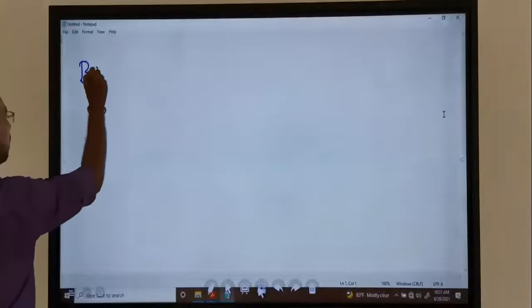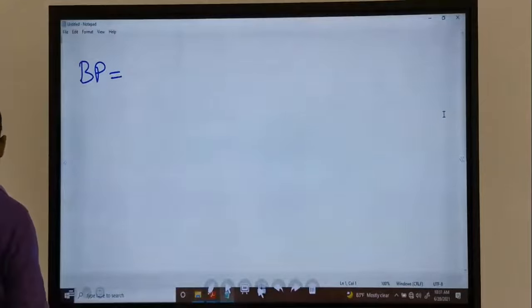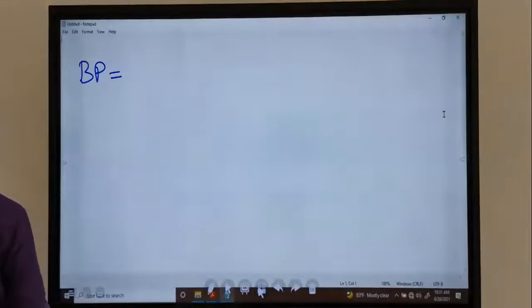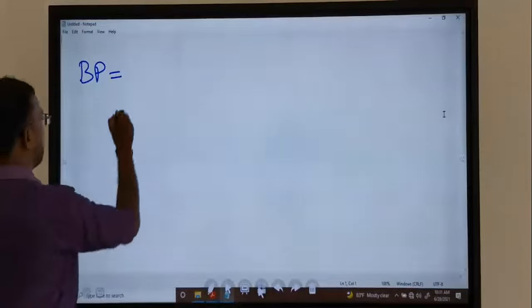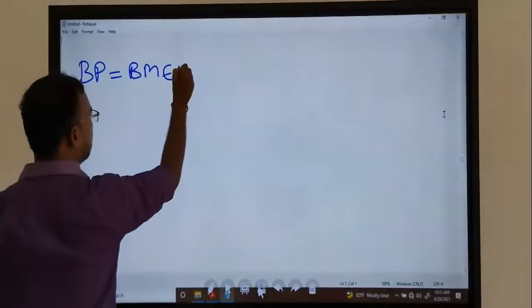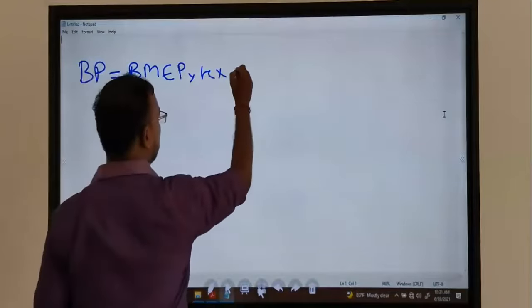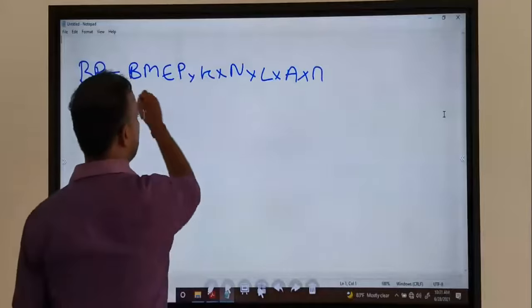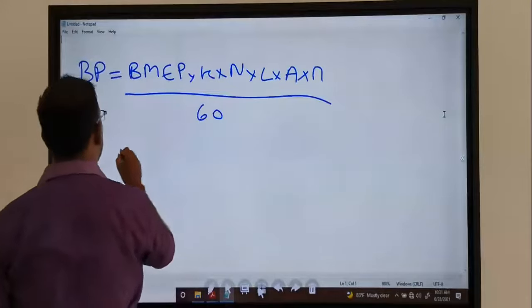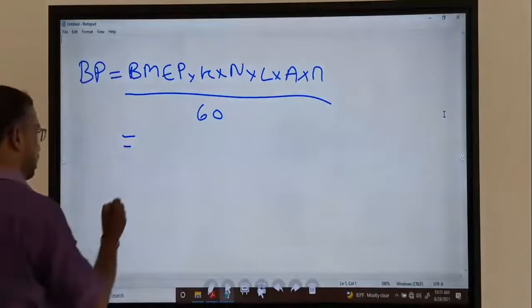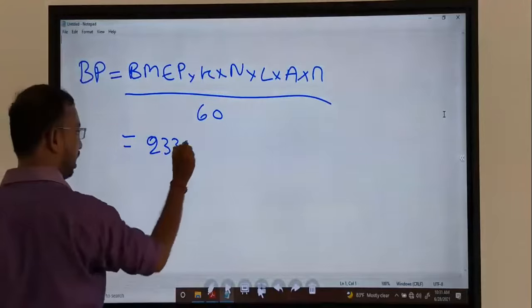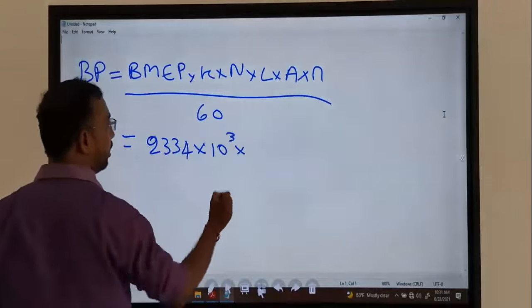So brake power is brake mean effective pressure into K into N into L into A into N below 60. So brake power we have to find. 2334 is in kilopascal, so we put 10^3.